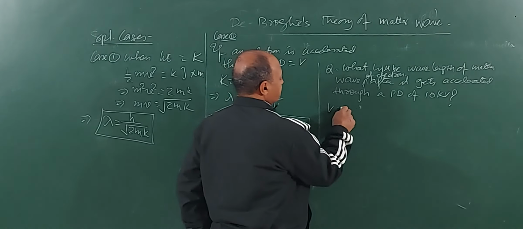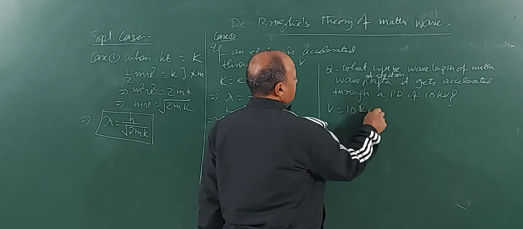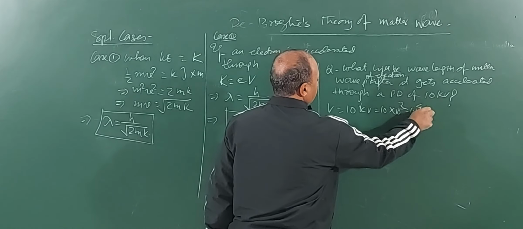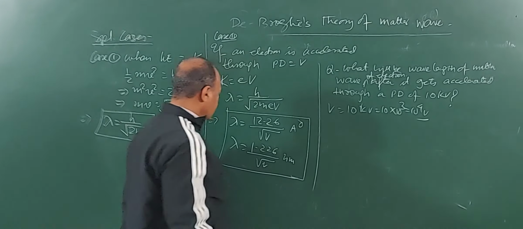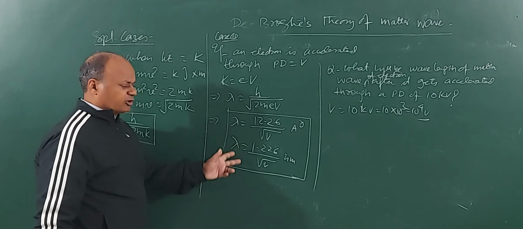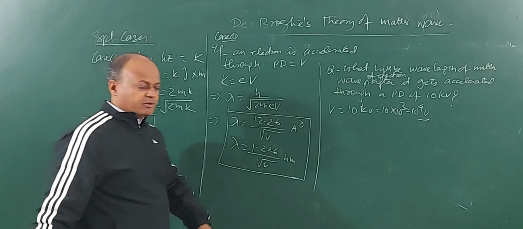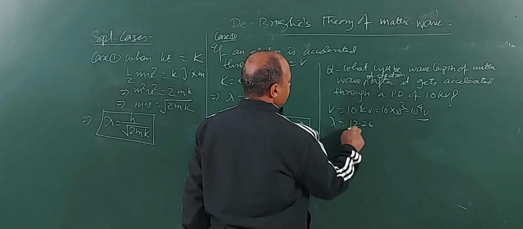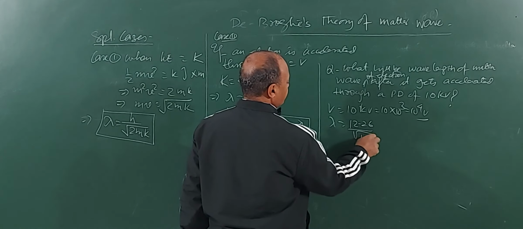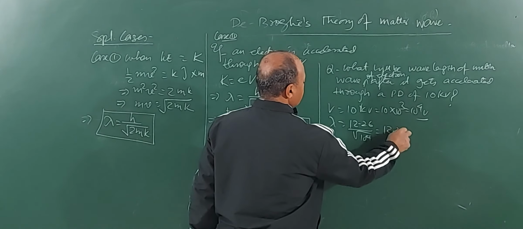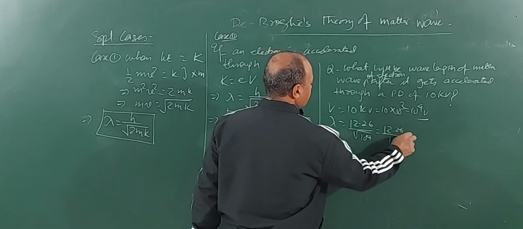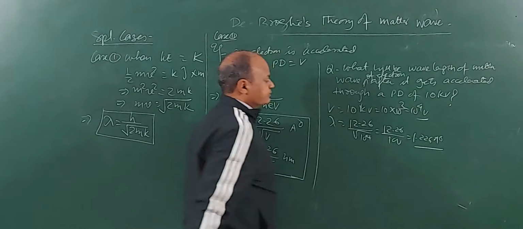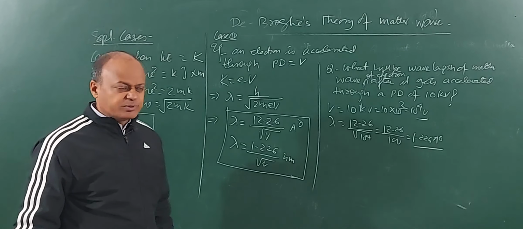So, V is how much children? 10 kilovolt, 10 into 10 power 3, 10 power 4 volt. So, I can directly use the first formula or the second formula. Suppose I want to use the first formula, then lambda will be 12.26 divided by root over 10 to the power 4, 12.26 divided by 100, 1.226 angstrom. So you can easily do numericals.